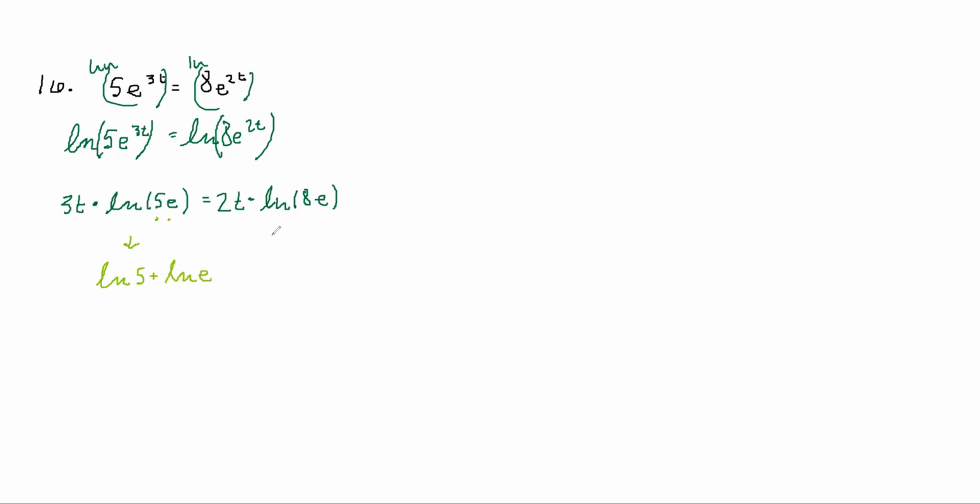Okay. And so we have that times 3t is equal to 2t, and then we can turn that into the natural log of 8 plus the natural log of e, which we can then rewrite because we know the natural log of e is equal to 1. ln 5 plus 1 is equal to 2t ln 8 plus 1.